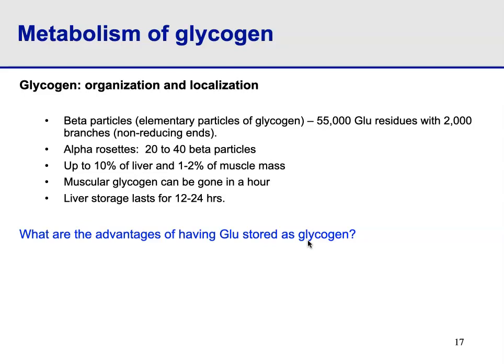And if you remember, when we talked about glycogen phosphorylase, the first step in the reaction is the removal of the end glucose molecules from the glycogen molecule. We're saving 1 molecule of ATP for each glucose 1-phosphate that is removed from a glycogen molecule. So there is also an energy advantage.